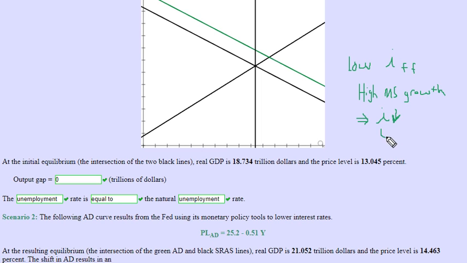If inflation is constant, or does not change, then the real rate of interest will fall.